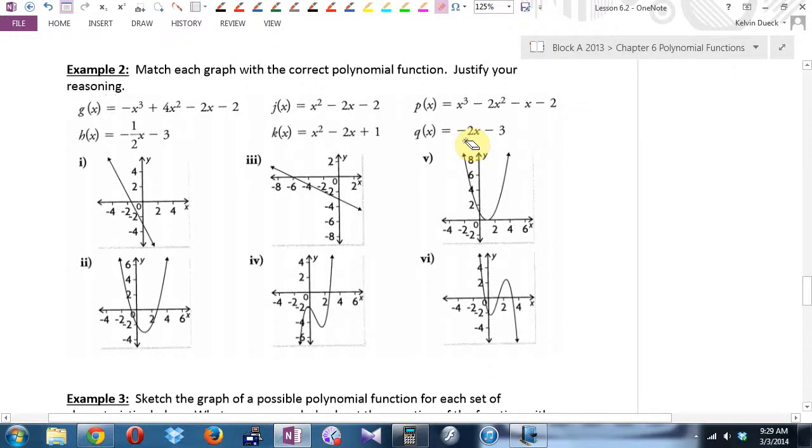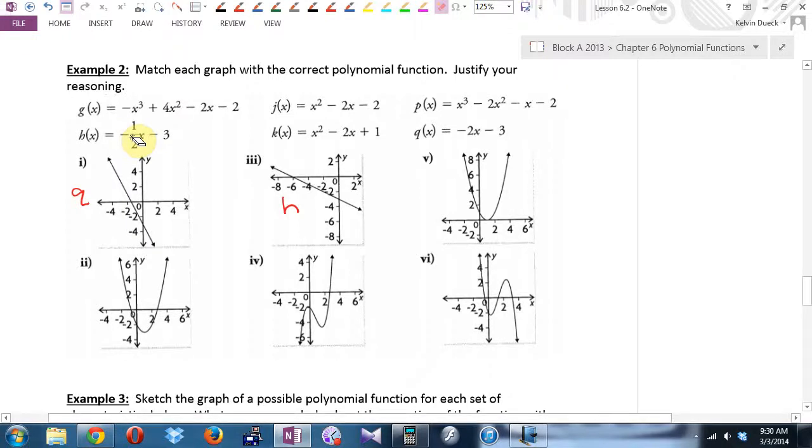I think 2 is a steeper slope, because that would be down 2 over 1. So I think we can safely say that's graph Q, that's graph H. Let's not cross them out because you'll want to look at those later in your notes. Okay?